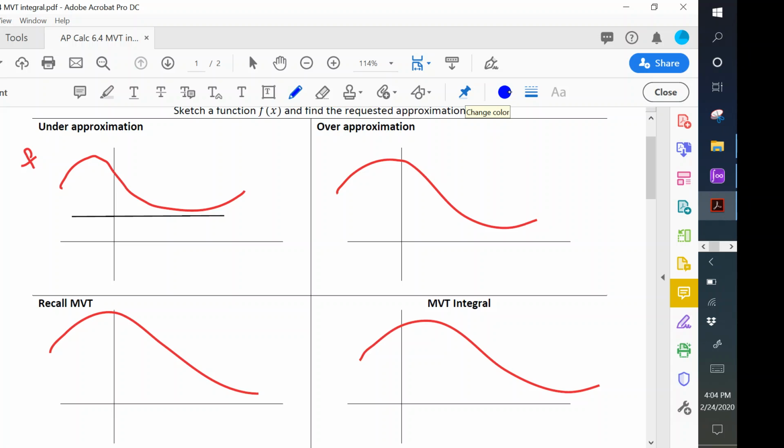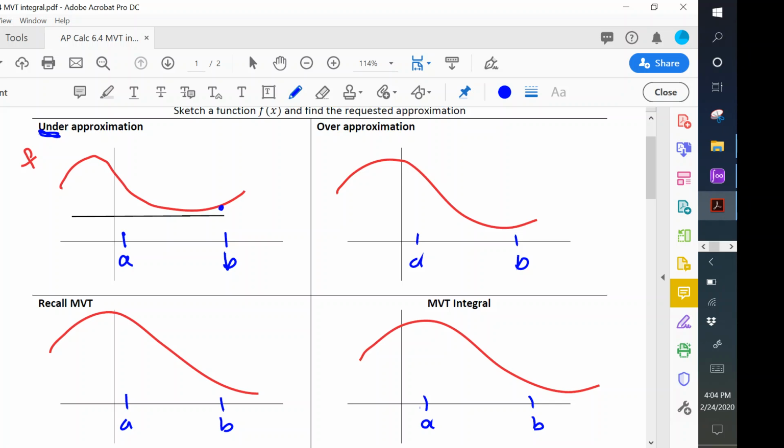If I want an under approximation, let's go with just a trapezoidal, in order to approximate from A to B, all of these are going to be from A to B as my interval, and let's pretend the red curve is the function f. An under approximation means I need to have less than the area.